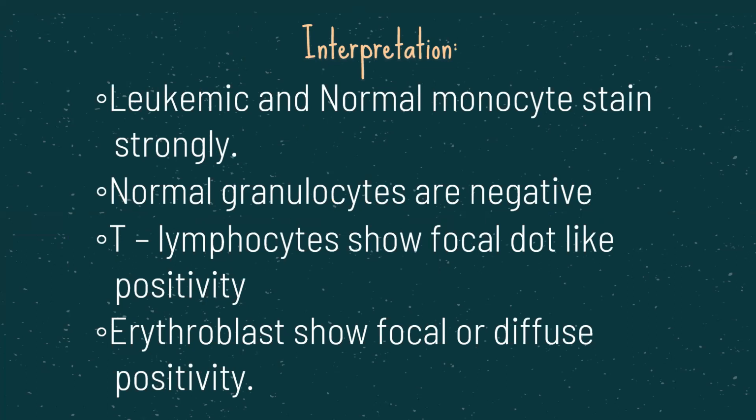So ito naman, this is used to differentiate leukemic and normal. It stains leukemic and normal monocyte strongly. Your granulocytes are negative. Okay, so differentiate again with myelocytic and monocytic series. The granulocytes are negative. T lymphocytes also show positivity. Erythroblasts also show positivity.